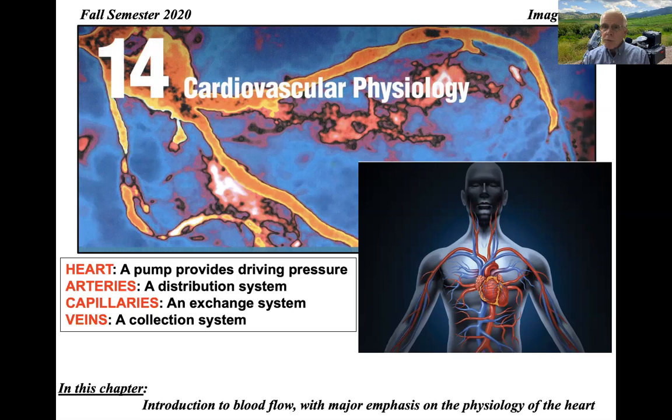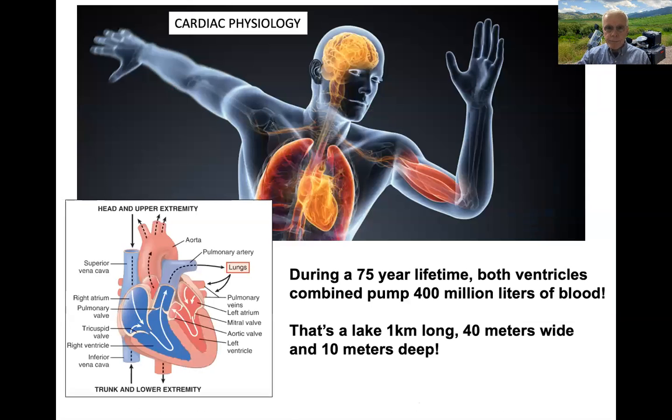The capillaries is where nutrients are released, waste products are picked up. Oxygen, for example, is released there and carbon dioxide is taken back up. And the veins collect all of this and return it back to the heart. So that's kind of a quick overview. And again, in this chapter, primarily blood flow today. Next time I'll get into the actual physiology of the heart itself.